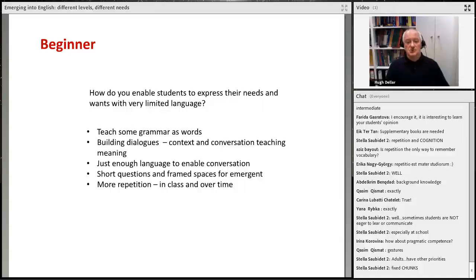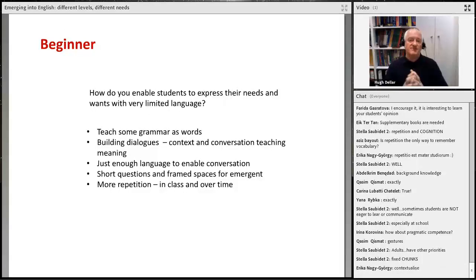You help the students to build up dialogues. You let the context and the teaching of the conversation clarify the meaning. Maybe for many of you, you might sometimes also use a little bit of L1, yeah, translation. We basically teach students just enough language to enable conversations. We don't teach things we don't need the students to learn yet.